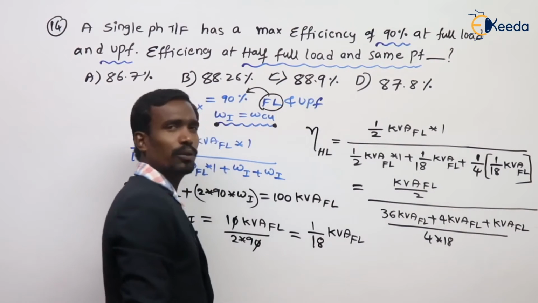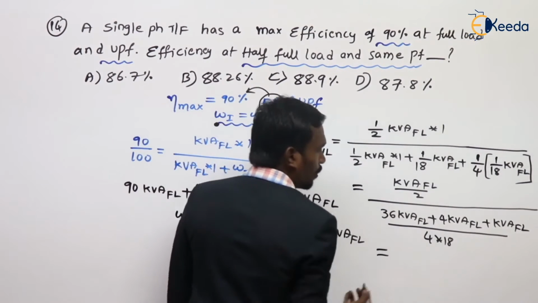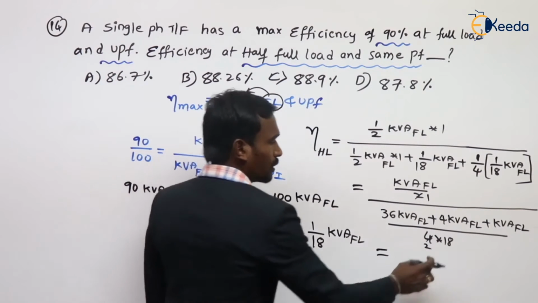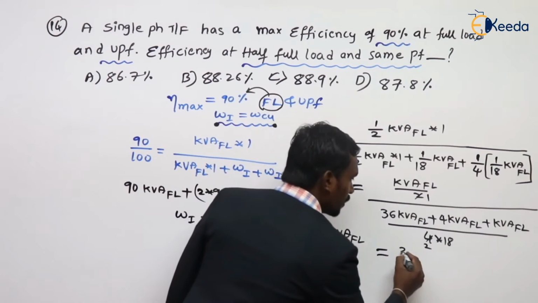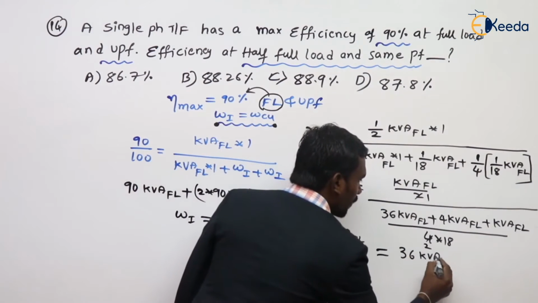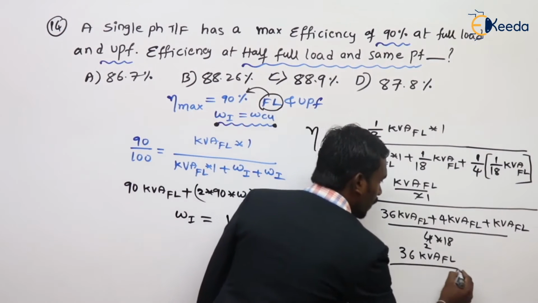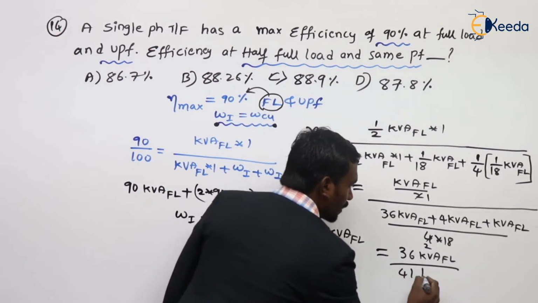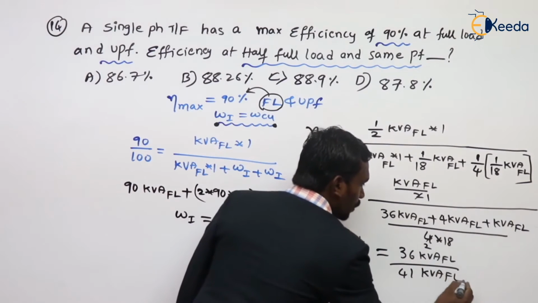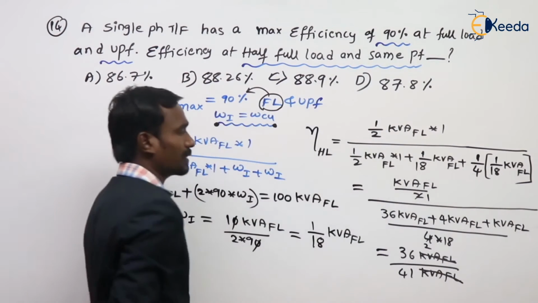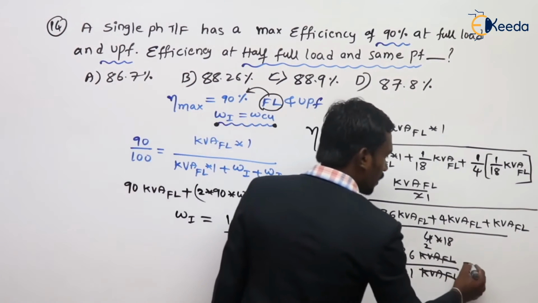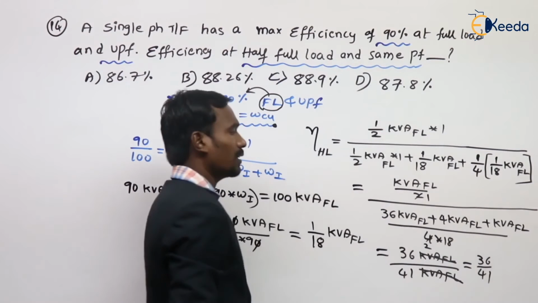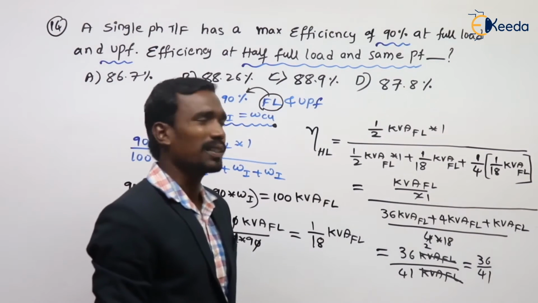The 2 brings upside. 36 times kVA full load upon 36 plus 4, 40, 40 plus 1, 41 times kVA full load. The kVA full load gets cancelled. So finally the answer is 36 by 41.